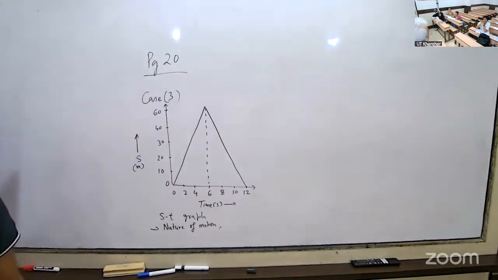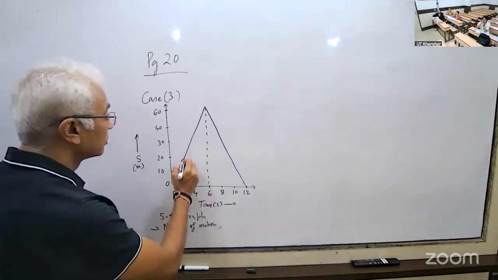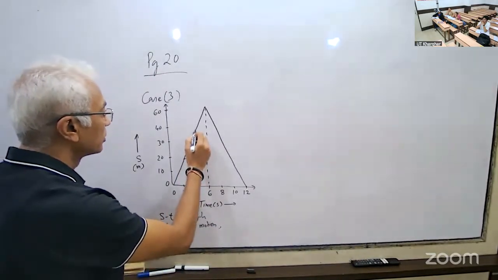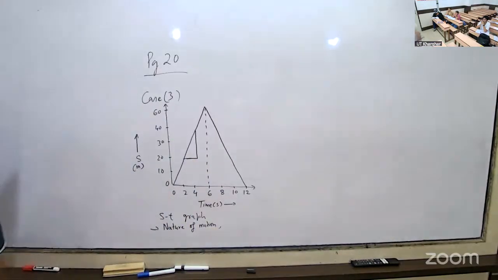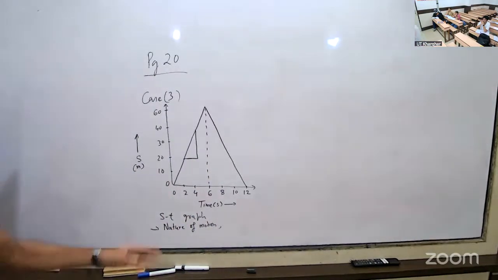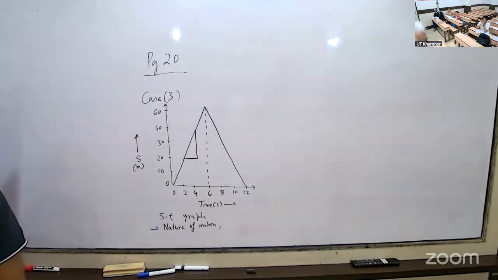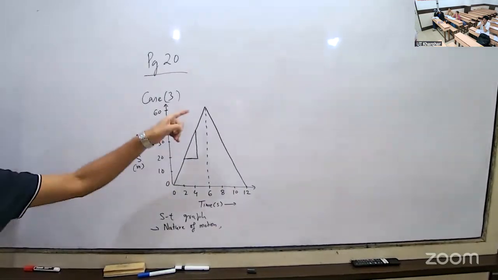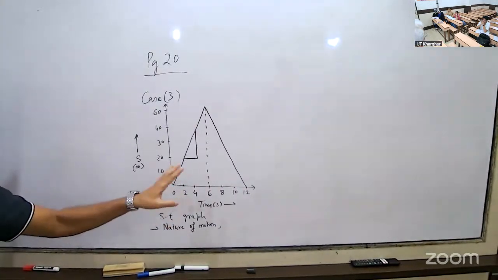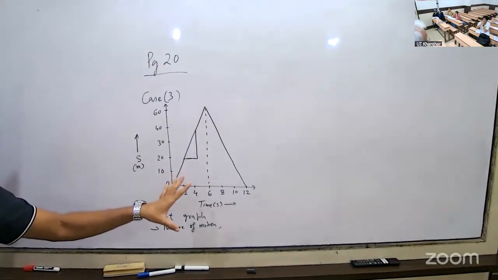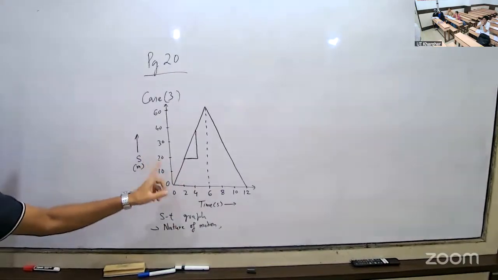Positive slope. The slope is positive till 6 seconds, and it is a straight line, so the slope is the same. This is what we had learned in the last class. And what does the slope of an ST graph give you?